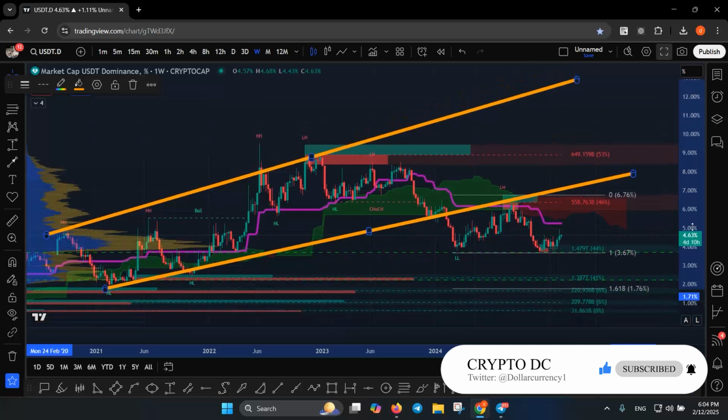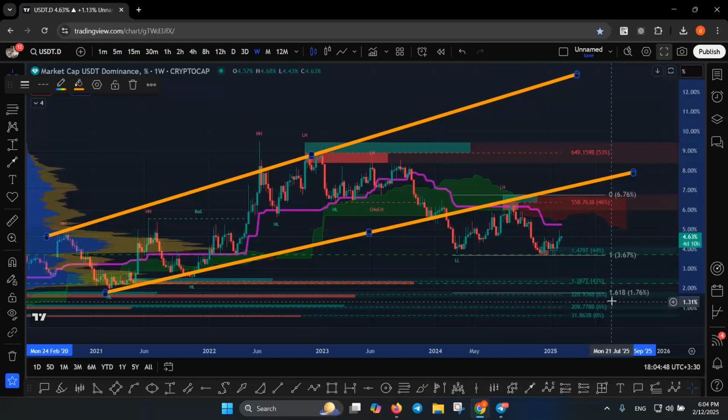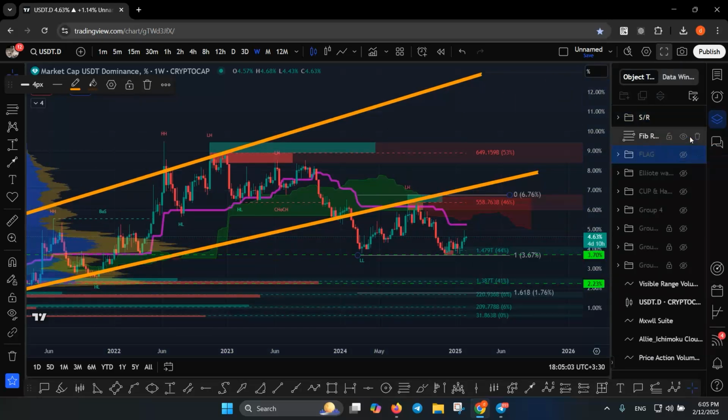If we draw the Fibonacci retracement for this recent leg, you can see that the important 1.618 level of Fibonacci is around 1.7%. So it's approximately below this level, and it could act as a destination for us.